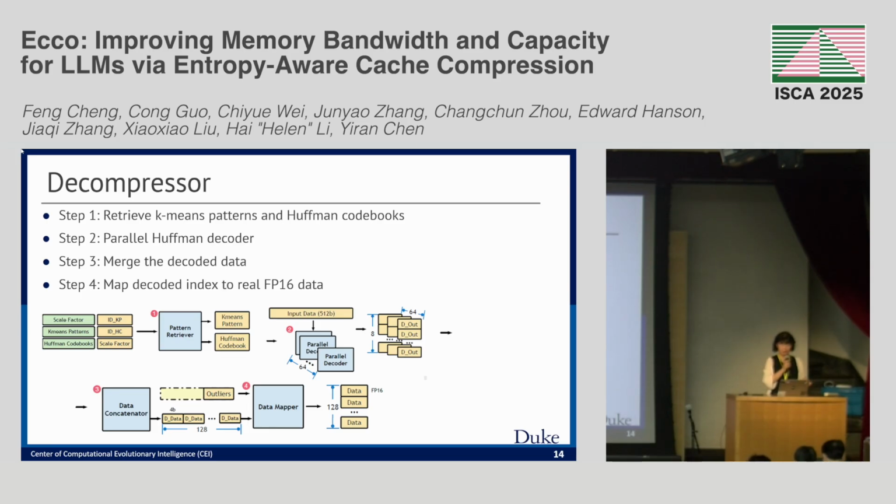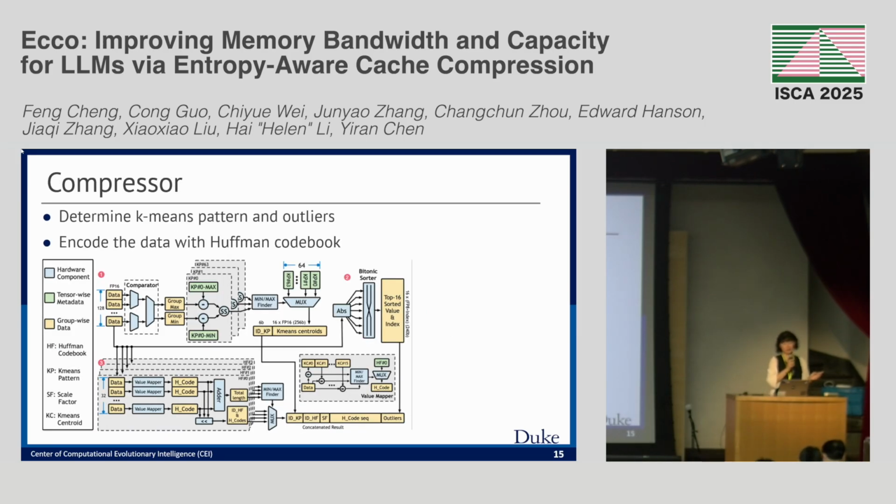The decoded indices are then mapped to FP16 values via a shared codebook, and the outliers are reinserted as needed. The result is a fully decompressed FP16 tensor, ready for compute in the streaming multiprocessor.